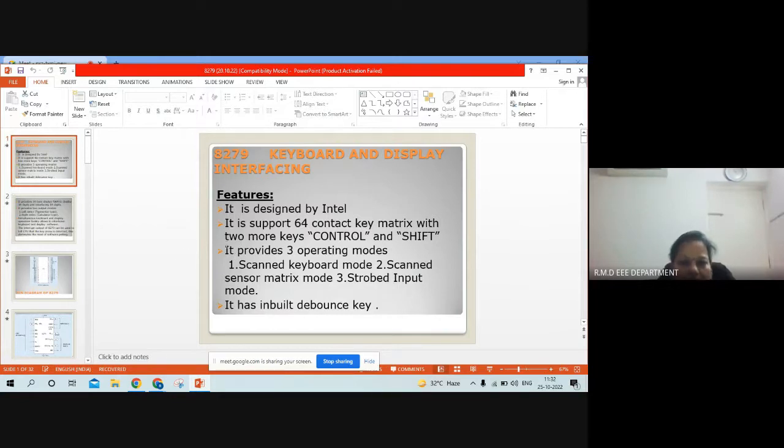Coming to the features of this 8279 IC, it was designed by Intel, and it has different operating modes when it is functioning in input mode or in output mode. For example, if it is functioning in the input mode regarding a keyboard interfacing circuit, it has the capability to operate under three different modes of operation: scanned input mode, scanned sensor matrix mode, and strobed input mode.